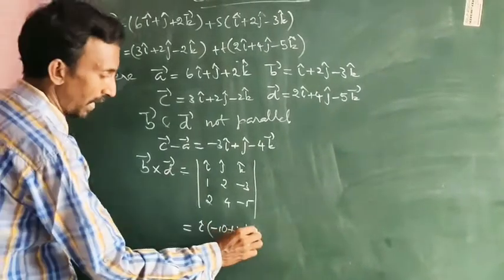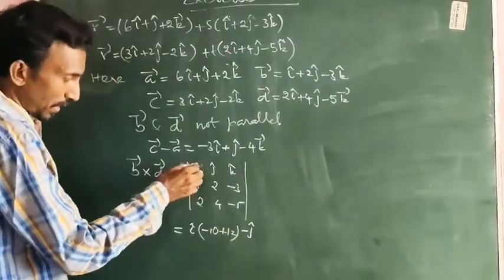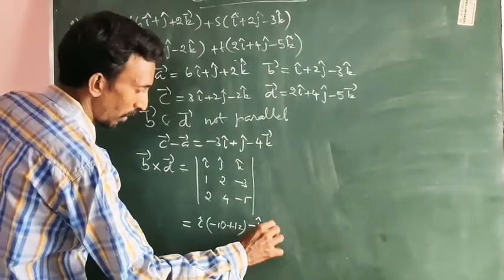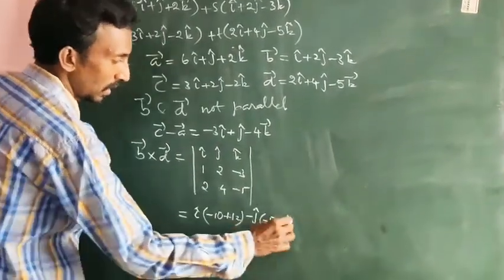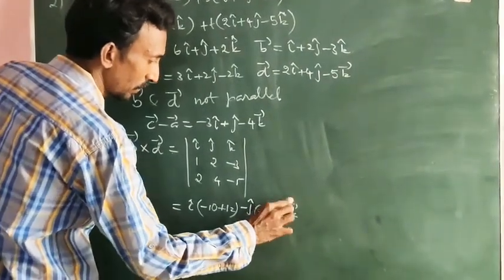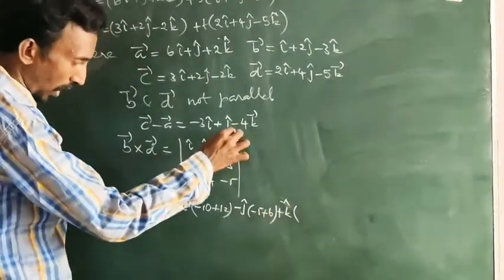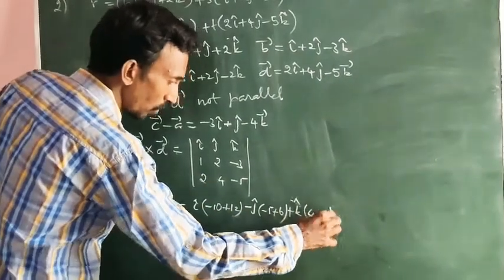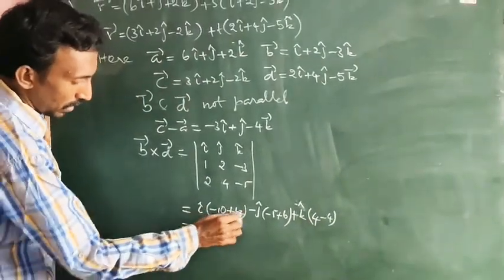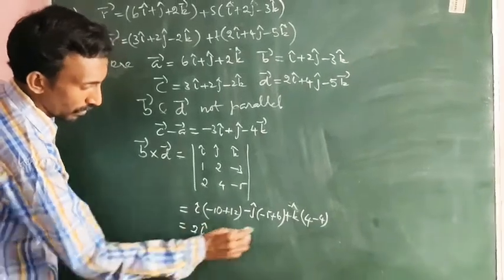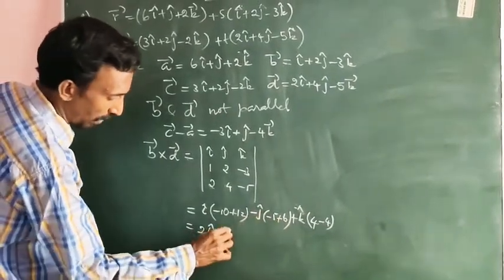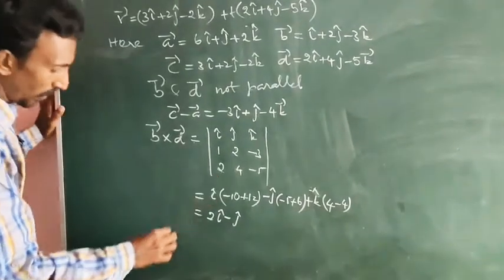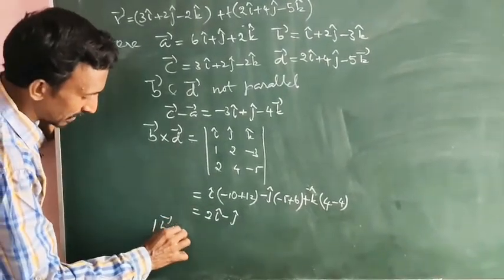Then minus j into delete that row and column: minus 5 plus 6. Plus k vector into delete that row and column: 4 minus 4. So 2i, minus j, plus 0k, that is not needed. So in the meantime we find b cross d.